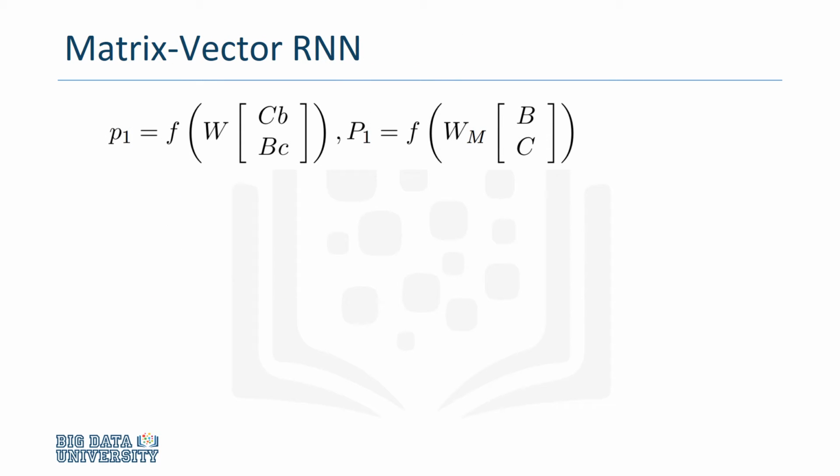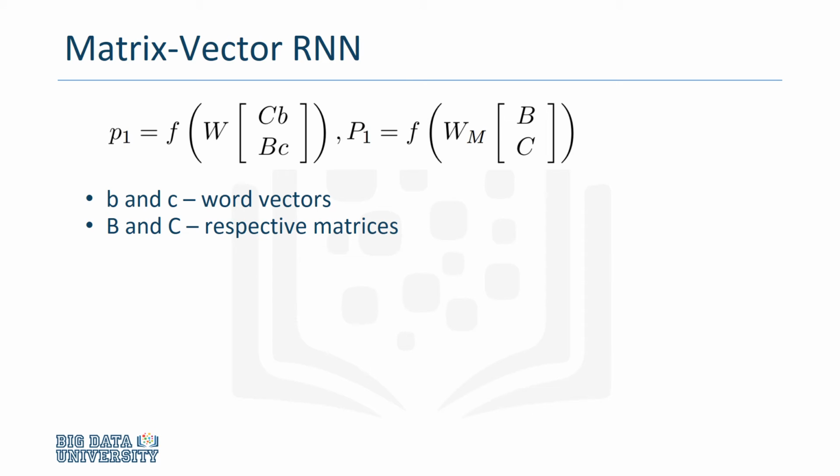Now let's move on to matrix vector recursive neural networks. This type of model is a linguistically motivated improvement over the basic recursive neural network. The big change is that now every word is represented by both a vector and a D by D matrix. The compositionality function that you see here takes 4 objects. Lowercase b and c are the word vectors, while the uppercase B and C are the respective matrices.